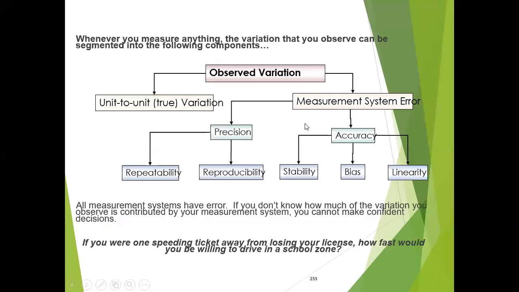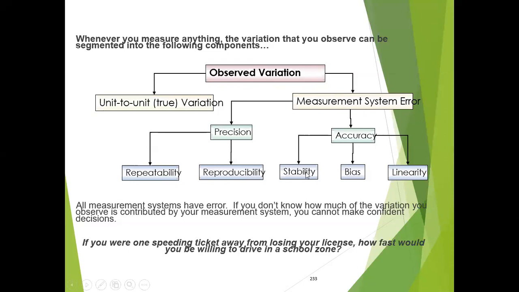Okay. Now, again, here is observed variation. The first one is unit to unit variation. It's either called unit to unit variation, a true variation, a process variation, or it could be a part variation. The second one is measurement system error, which is precision related, which is repeatability or reproducibility, like I just mentioned.